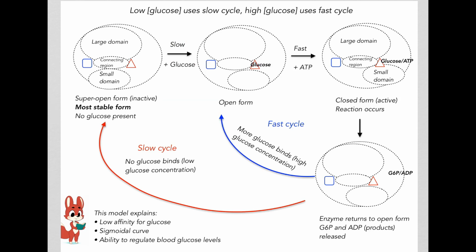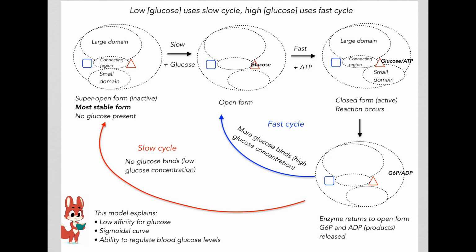Once the open form is formed, ATP binds, and very quickly, this is a fast step, the enzyme changes from the open form to the closed form. Now the closed form is the active form. So with glucose and ATP bound, the reaction occurs.